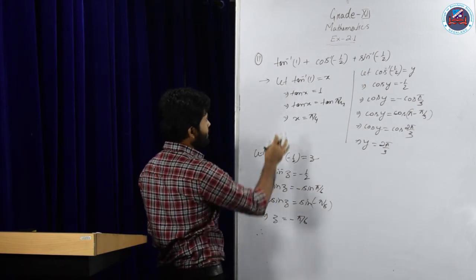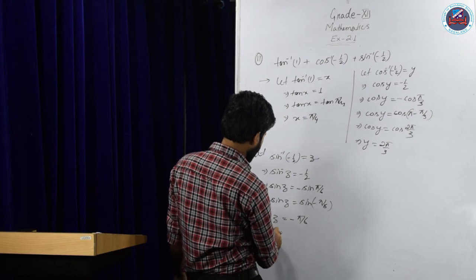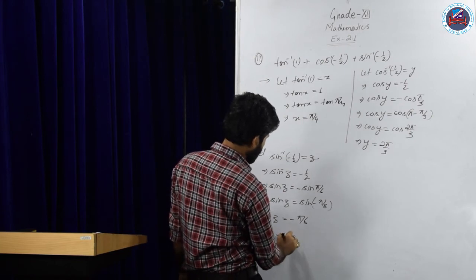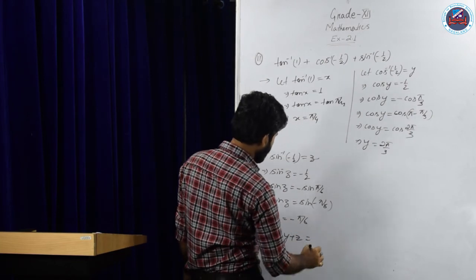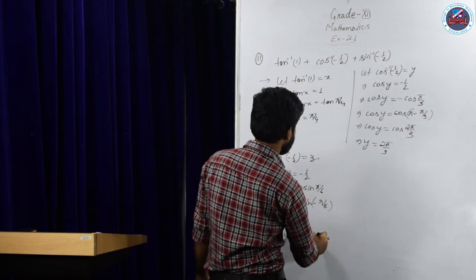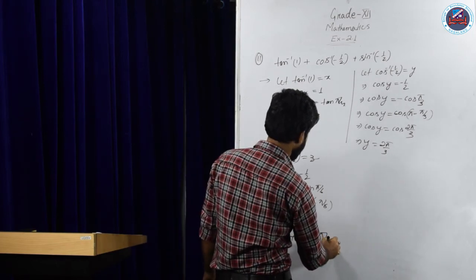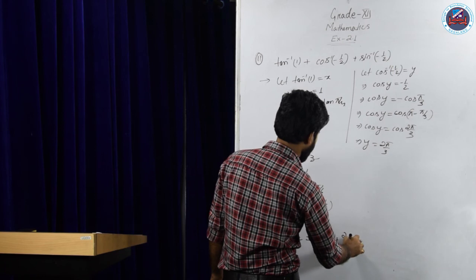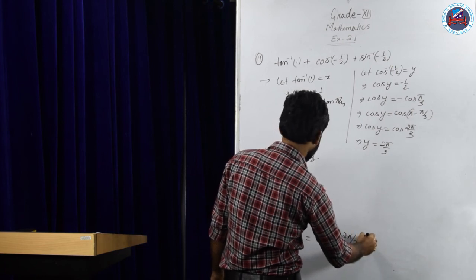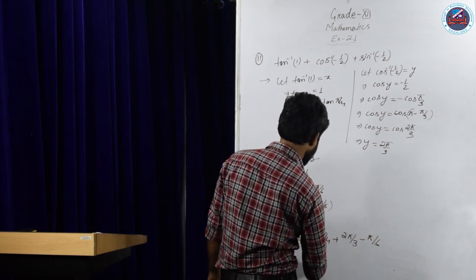Therefore, since I have to add these, x plus y plus z will be equal to pi by 4 plus 2 pi by 3 minus pi by 6.